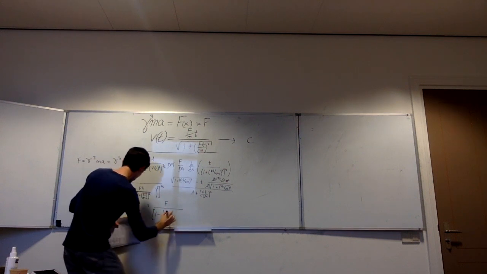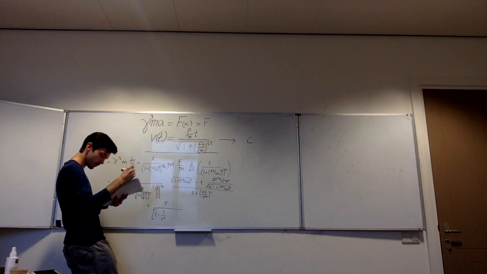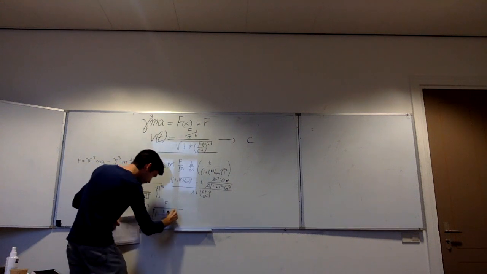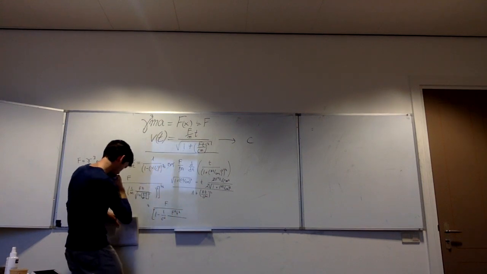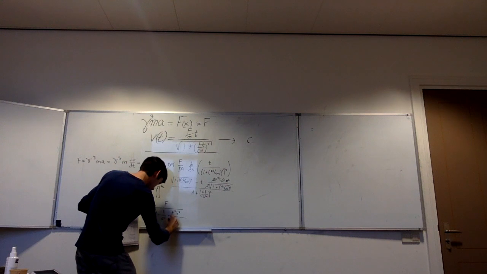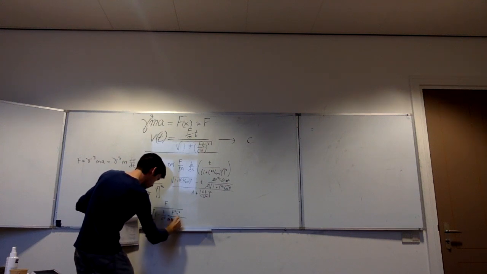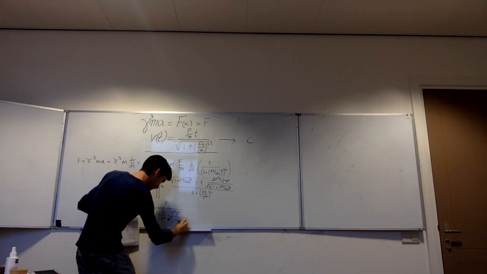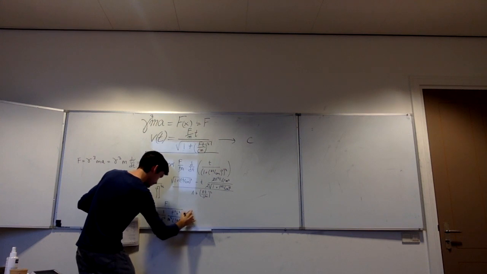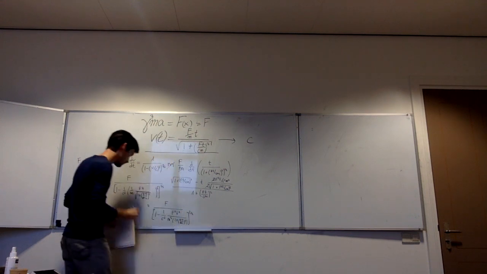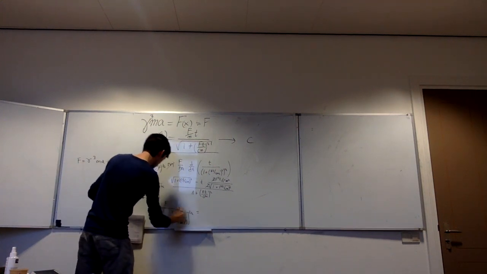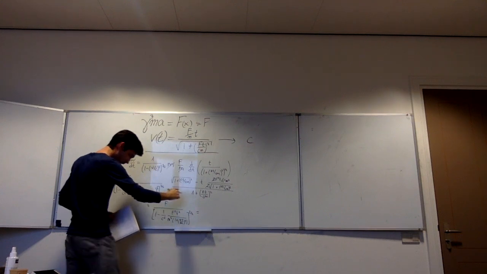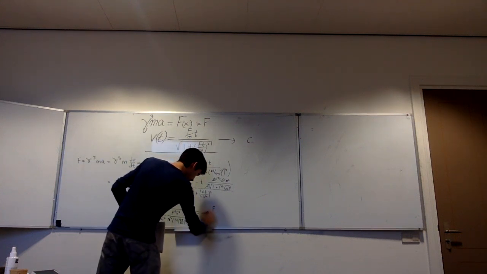All this is squared, so it should be squared t squared divided by m squared, and then 1 plus Ft divided by mc squared. Just going to continue with this expression here. Just the first factor.